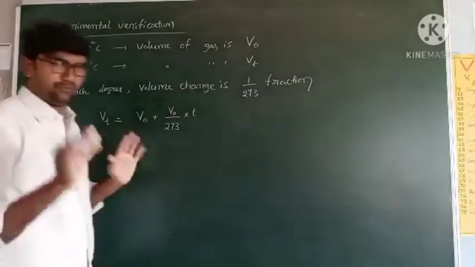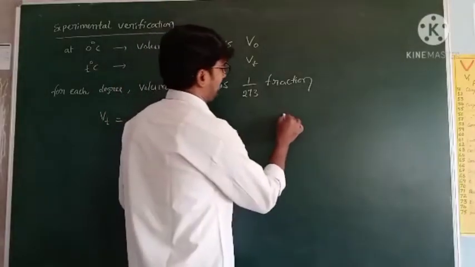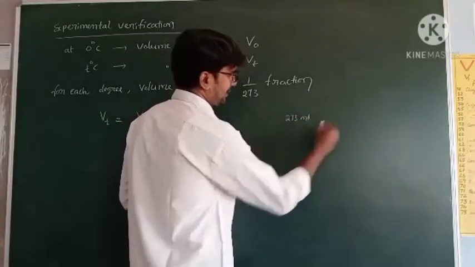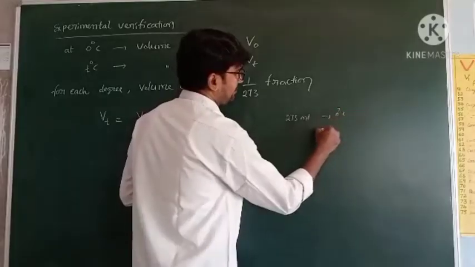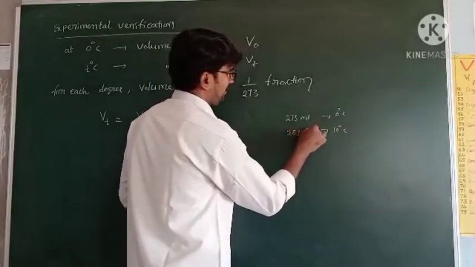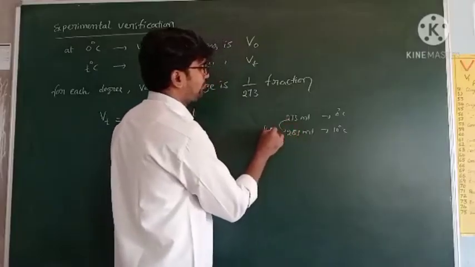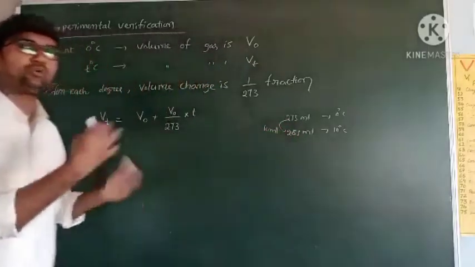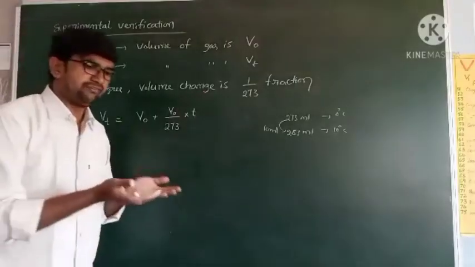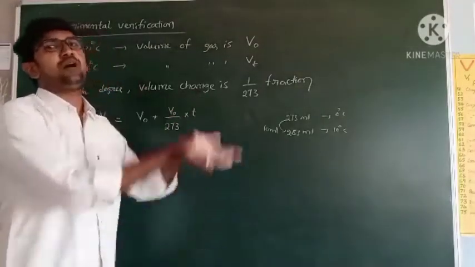For example, initially 273 ml volume is present at 0 degree centigrade. So at 10 degrees centigrade we expected 283 ml. How does the 10 ml change? That depends upon the change in temperature. If temperature increases, volume also increases.